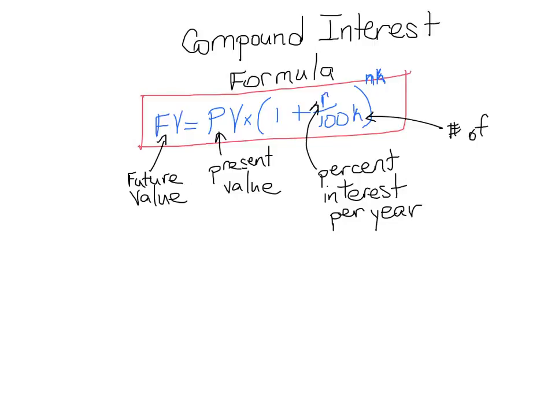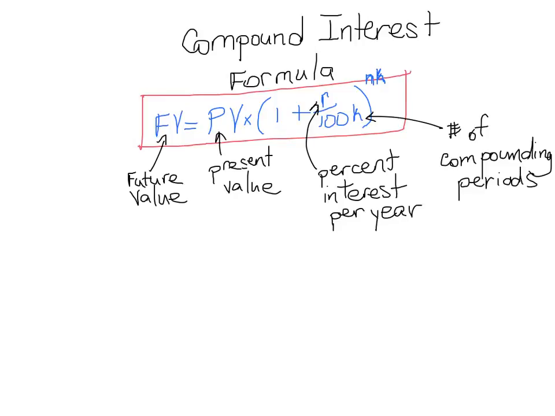Number of compounding periods per year. So for example, if it's compounding monthly, that means it's compounding 12 times per year, and therefore K would be 12.